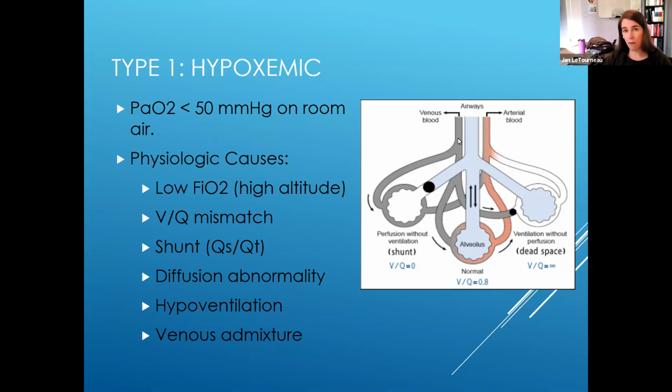So air is going all the way down the airways and into the alveolus, but for whatever reason, there is no blood flow around here. That's called dead space. It's important to keep in mind what those 3 things are, because as you work through the differential, these things will be important.